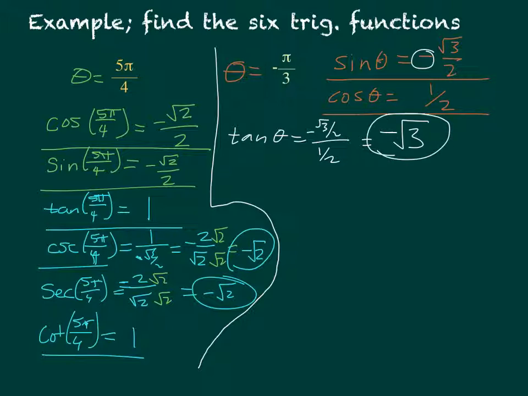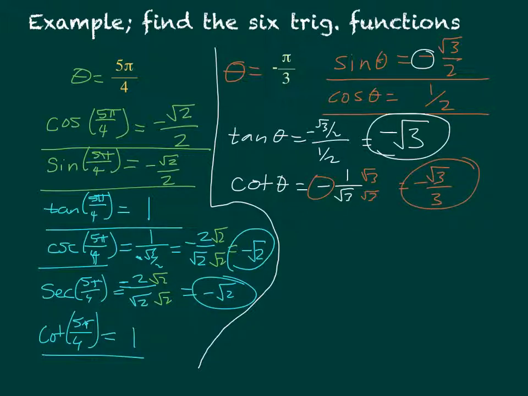And then I'm going to just go ahead and find cotangent right now, because all I have to do is flip the tangent. So that's going to be negative 1 over square root of 3. And I need to rationalize, so I'm going to multiply by square root of 3 over square root of 3, giving me square root of 3 over 3, and it's negative.